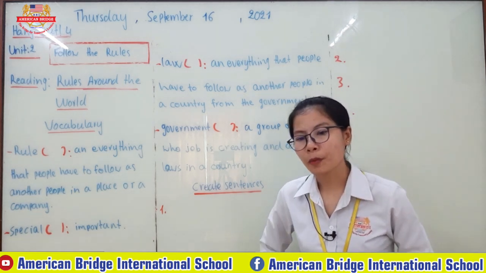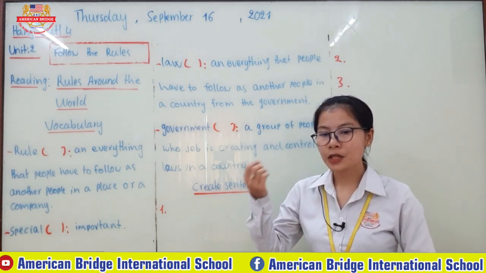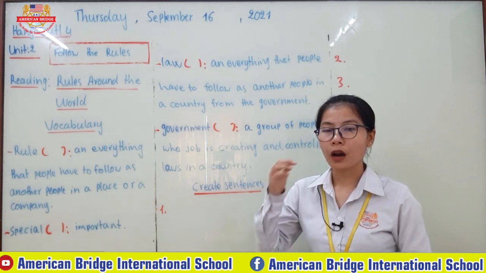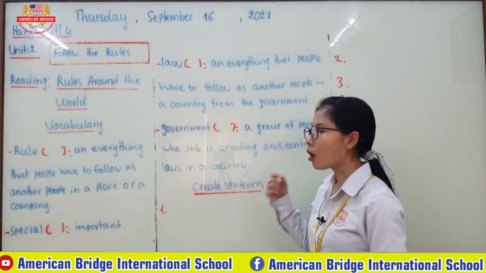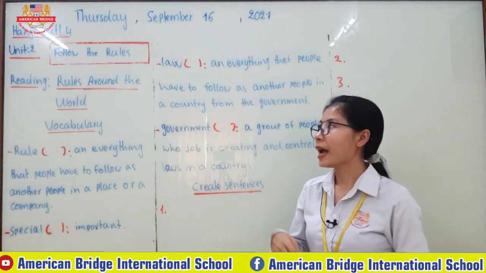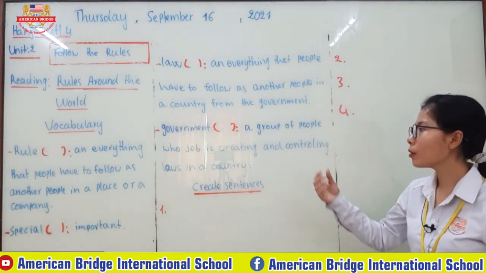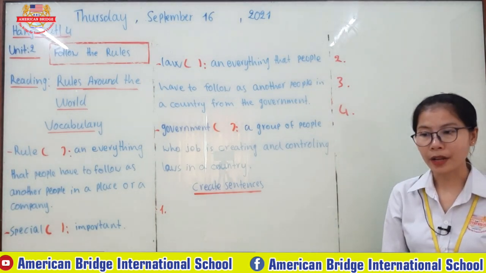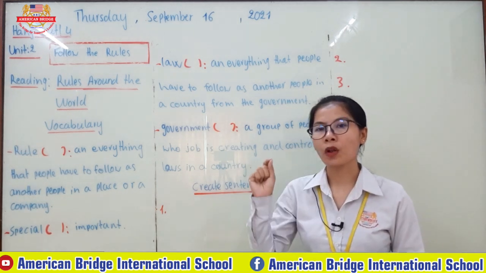When you break the rule, your parents just give you some advice, suggest something, or give you some punishment. But for law, if you break the law, you have to go to jail, like this. And laws are set by the government, a group of people who create laws, right? If you want to go to another country, you have to follow the law there.